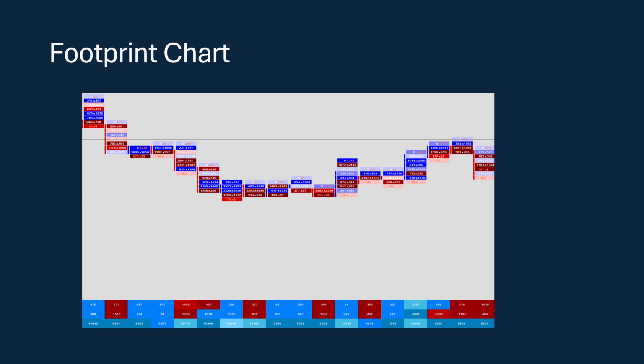So if you haven't looked at the footprint chart, I will be putting some videos out on how to read the footprint chart correctly, but for now we are just going to be analyzing this as if we already have the knowledge to read it. So this black line right here is our 50s, our key zone that we drew out earlier in this video.